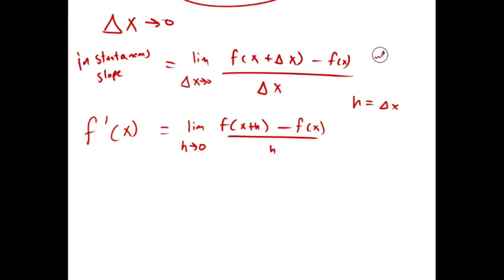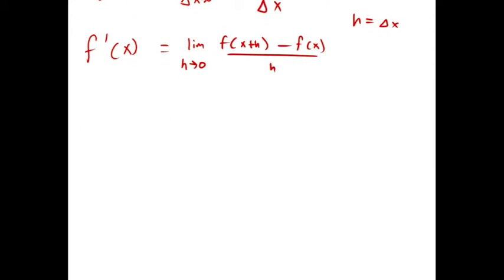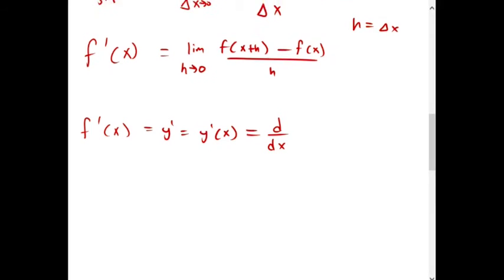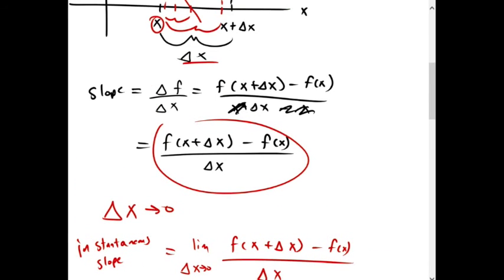There are other ways to write the derivative. We can write it as f prime of x. We can also write it as y prime or y prime of x. We also use the notation d dx, with the d being analogous to the delta that we use right here.